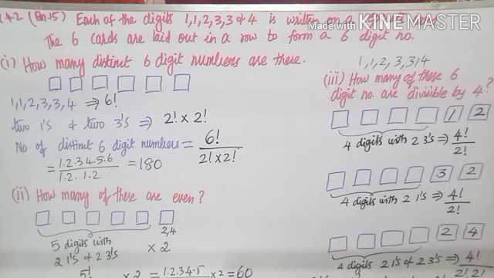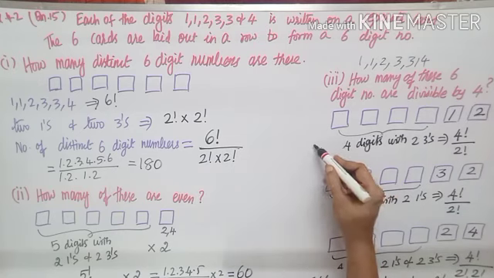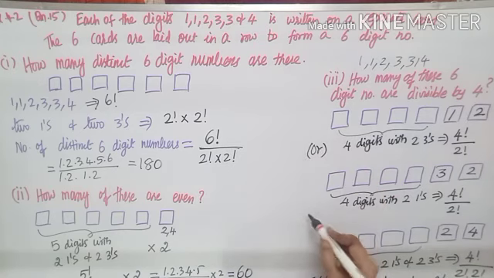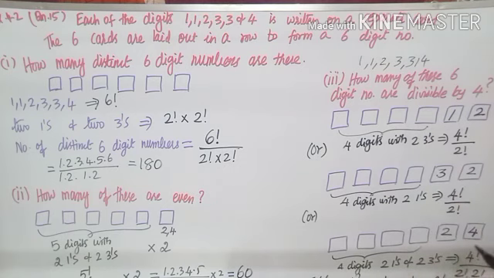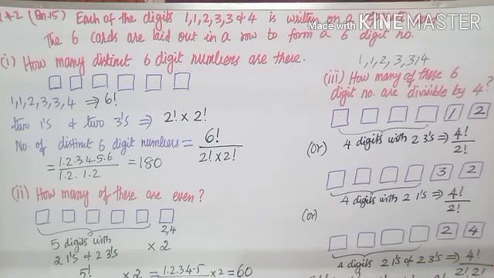My question is divisible by 4. So either this way or this way or this way. So it is an OR condition: this or this or this ending, it is divisible by 4. Whenever you get the OR condition, add it. So first answer plus second answer plus third answer.